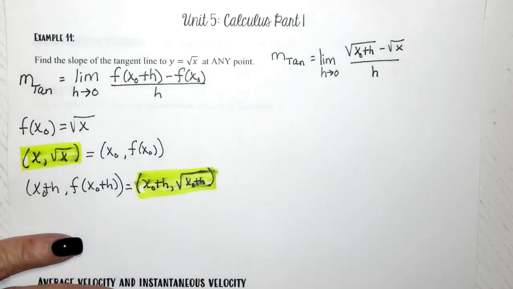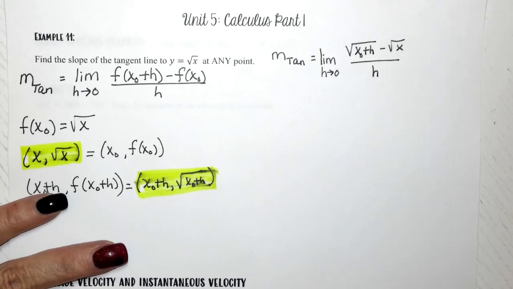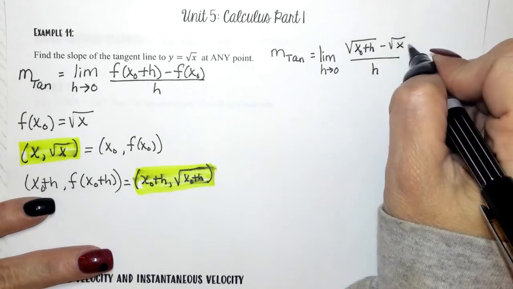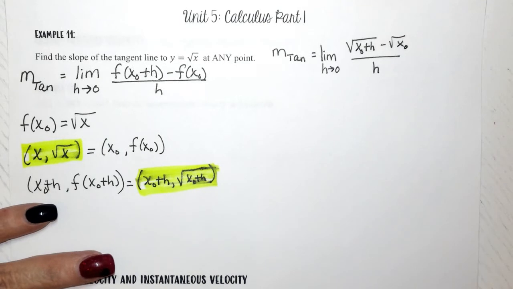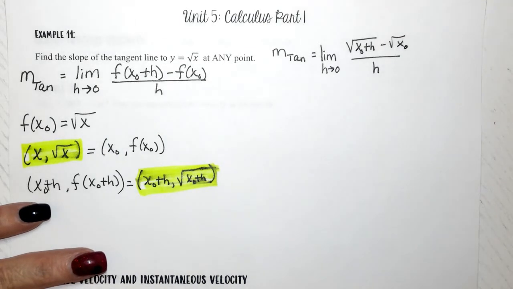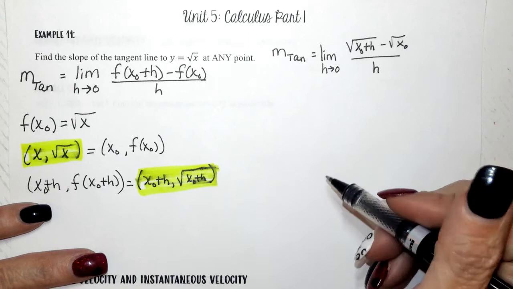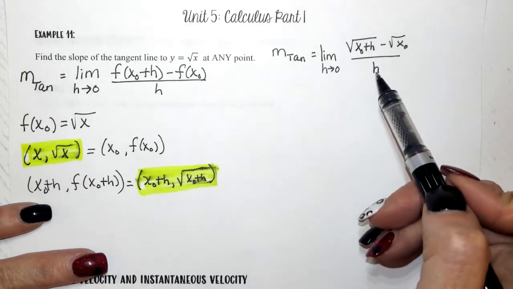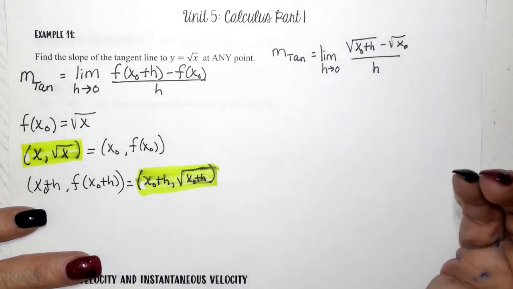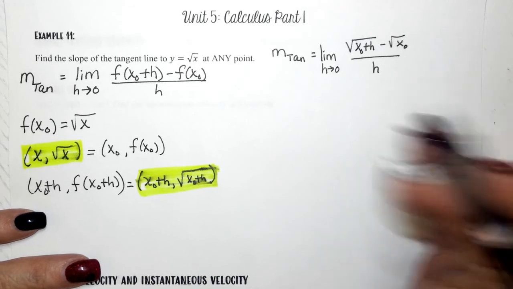Well, remember the whole point behind this when you go to take the limit is if you put 0 in, it does something. But when you get to this one, when you put 0 in, you don't really get anywhere with this one. You don't get an answer because 0's in the denominator and you can't have a 0 in the denominator, right?